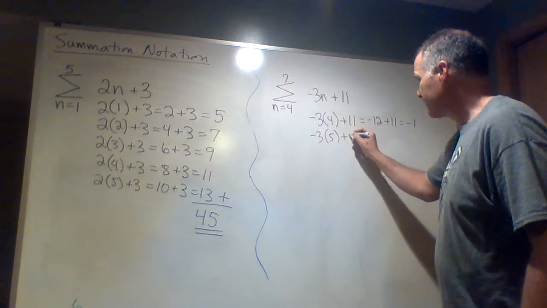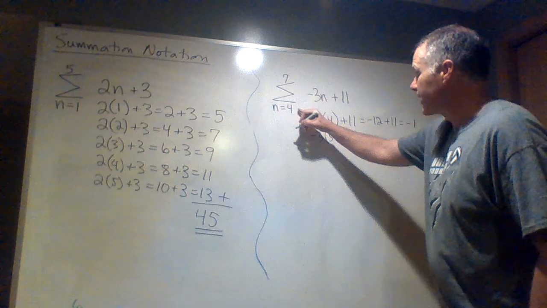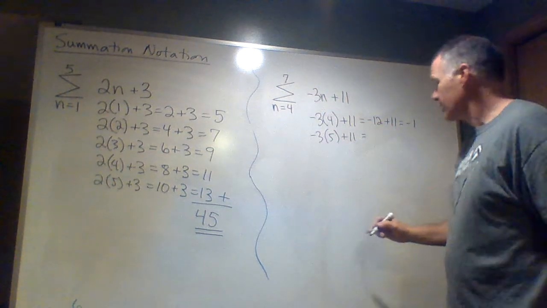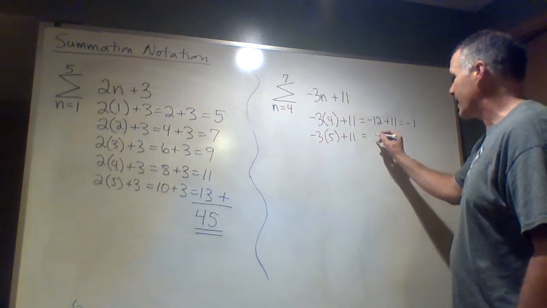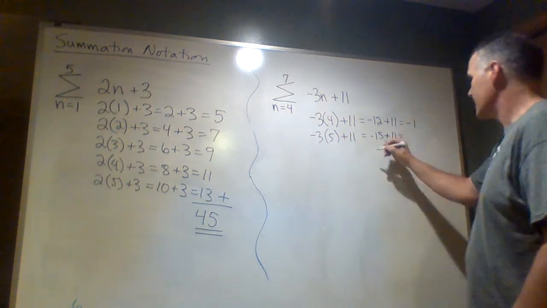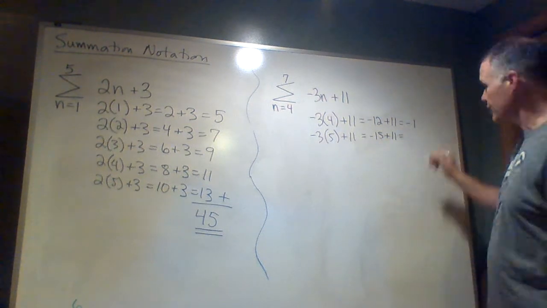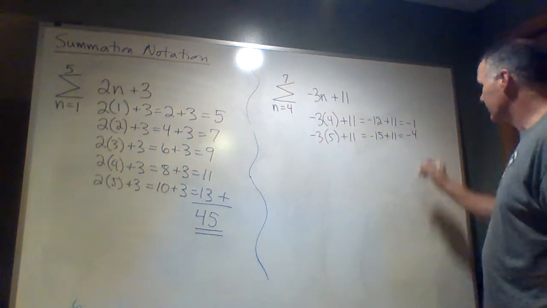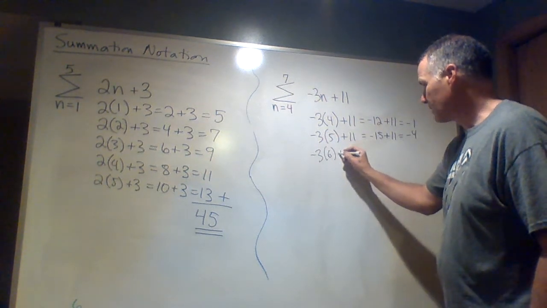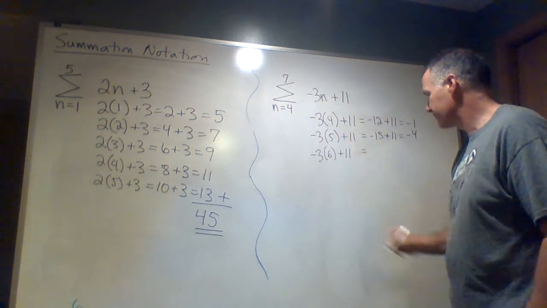Now we're going to plug in the 5. We're going from 4 to 7, so 4, 5, 6, 7. Negative 3 times 5 is negative 15, plus 11. Use your calculator, that's a negative 4. Negative 3 times 6 plus 11.